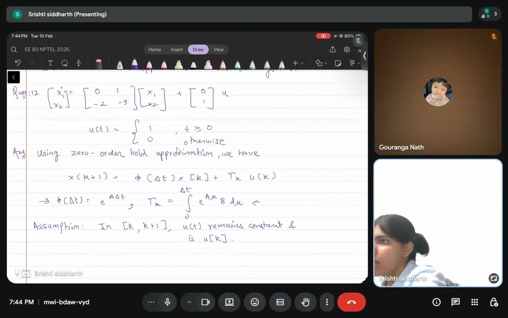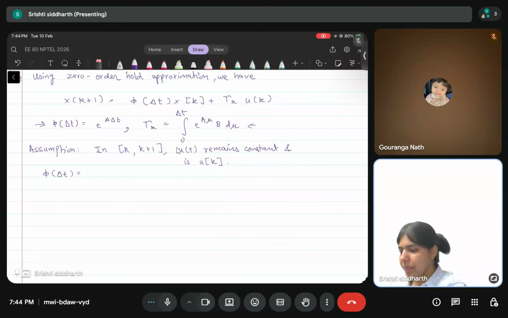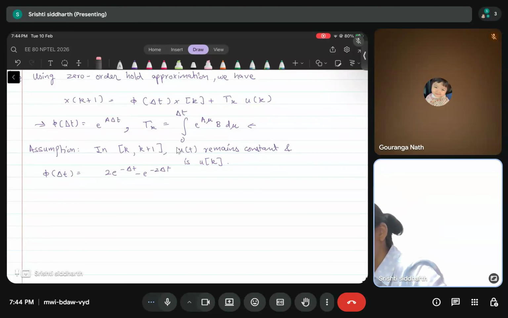So let's do that. Phi of delta t: e to the power minus delta t minus e to the power minus 2 delta t, and so on.